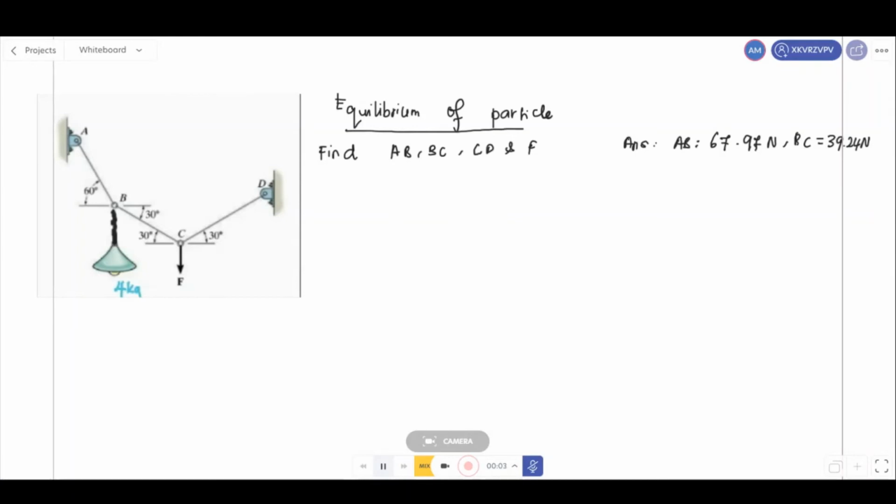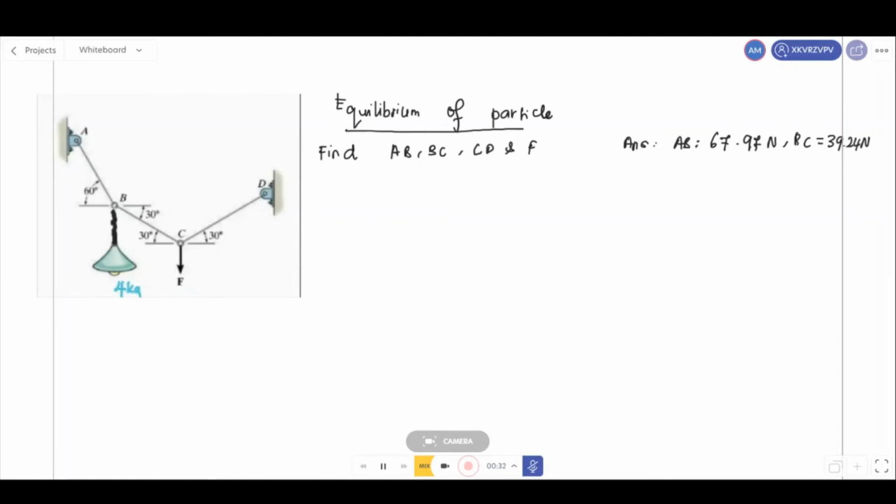From point B, we already have the answer for force AB, which is 67.97 Newton, and for BC, it is 39.24 Newton. So I have shown you the method of using rectangular components, and the other one is using the triangle, the force triangle to be exact.